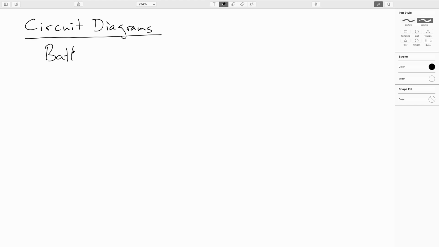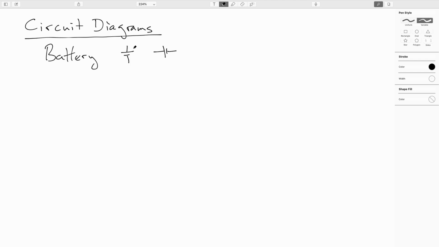We've already seen this. So the way I've been drawing a battery so far is, say, like this, or you'll see it drawn on its side like this. And this is true for every symbol. You can either draw it vertical or horizontal, but when you do it, you have to rotate the entire symbol.